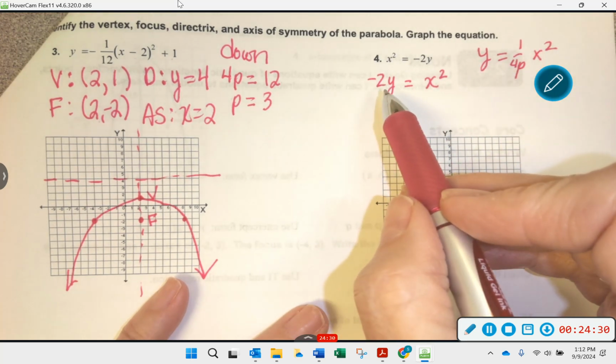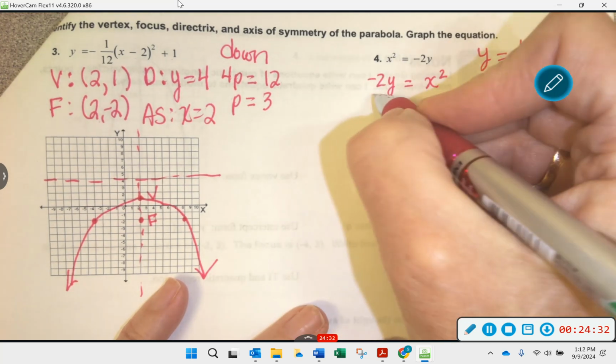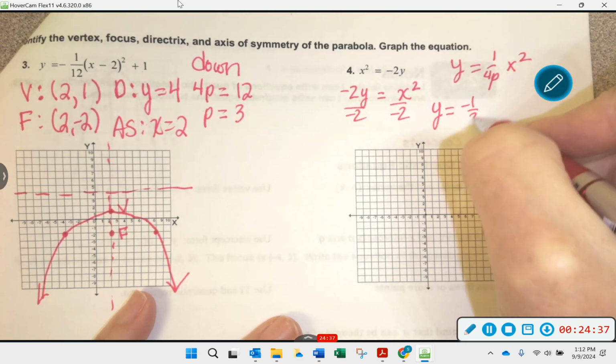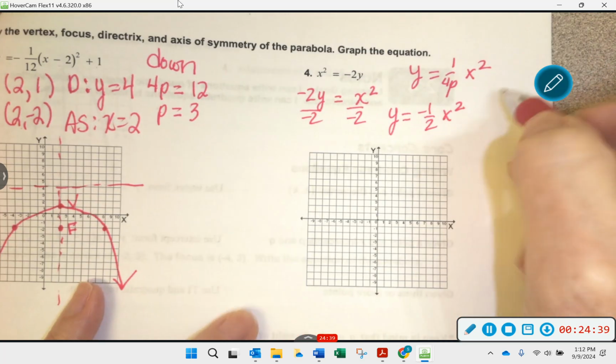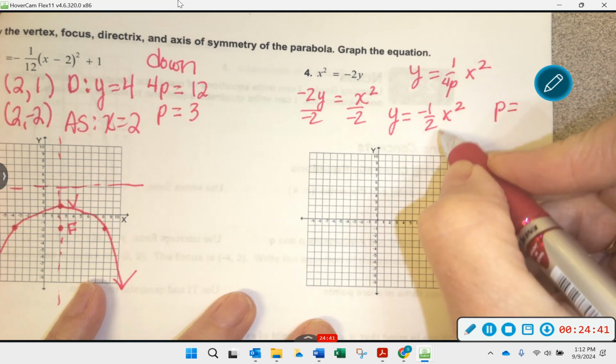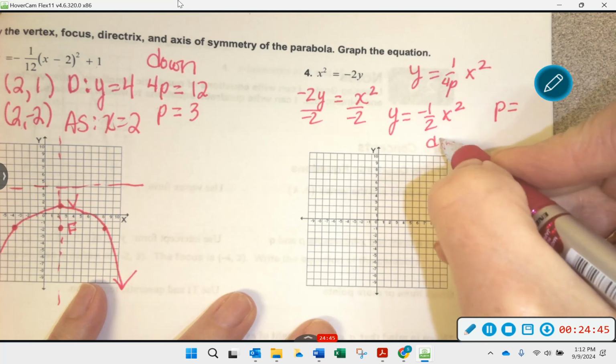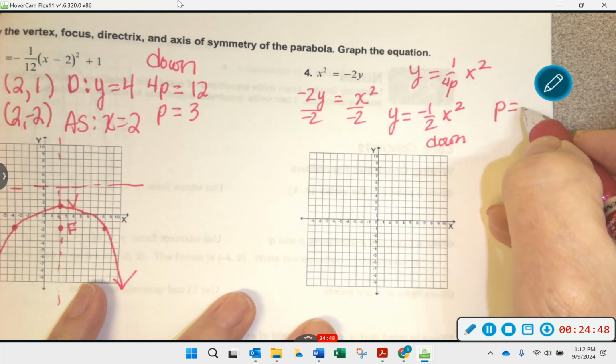What would I have to do now? Divide by negative 2. So y would equal negative 1/2 x squared. Can anybody think of which way this is going to open, first of all? Down. Do you know what the p-value would be?